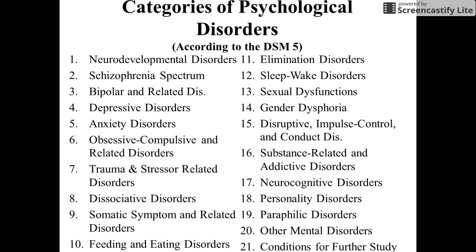Then 18 is personality disorders, which we'll talk about in class, and 19 is paraphilic disorders. 20 categorizes other mental disorders, such as the impact of technology, and 21 are ones that are in further study. So these are the 21 different classifications. We will look specifically at 6 of them, and within those classifications, it breaks down to many different disorders.